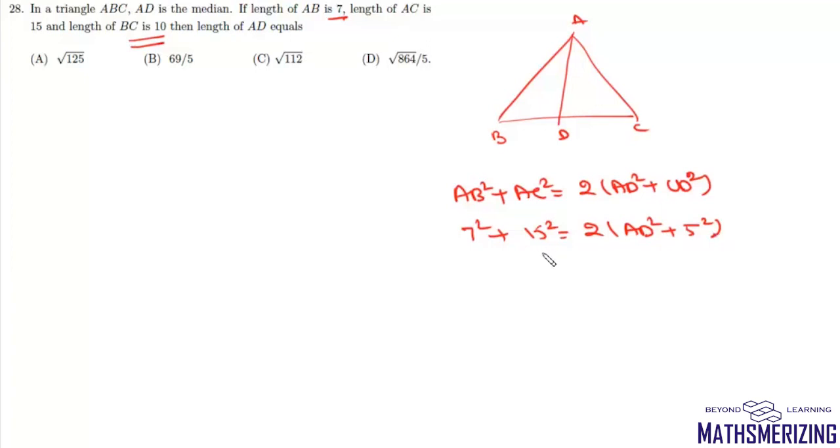So it will be 225 plus 49, which is 274. 274 divided by 2 is 137. So AD square will be 137 minus 25, which is 112. So the value of AD is simply under root of 112 and that's your option number C.